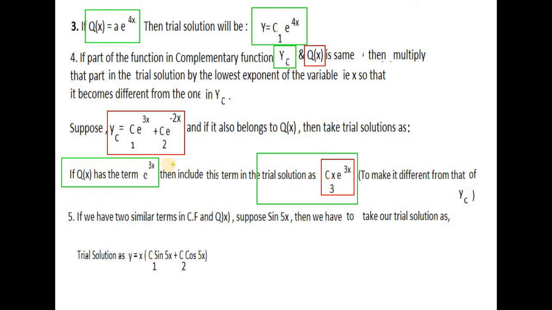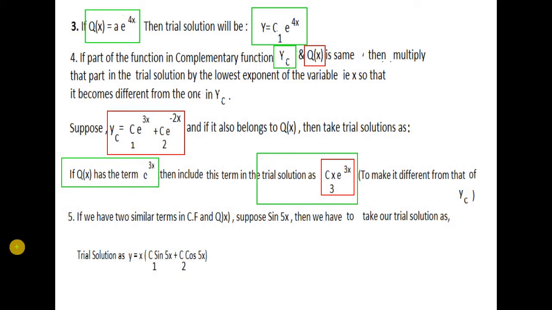Here we have multiplied e raised to the power 3x by x to make it different from that of yc. So we have to remember point 4: if any term in yc and in function q are similar, then we have to multiply the generalized form of function q by the lowest exponent of the variable x.